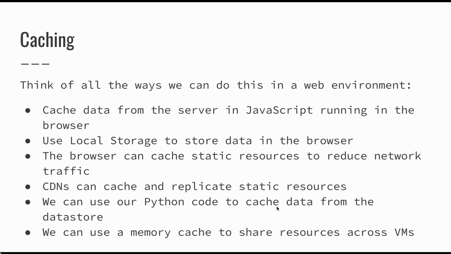The browser can cache static resources on disk so that it doesn't have to call out to the network to get those every time. Content delivery networks can cache and replicate static resources so that those are just saved and available and a little bit easier to access. You can use Python code to cache data from the data store. You can pull data in and then store that as objects or as arrays or other structures in your actual application. And you can even use a shared memory cache to share resources across VMs.